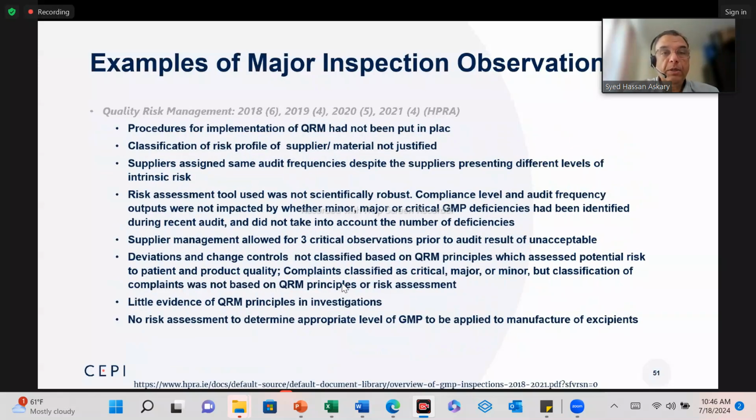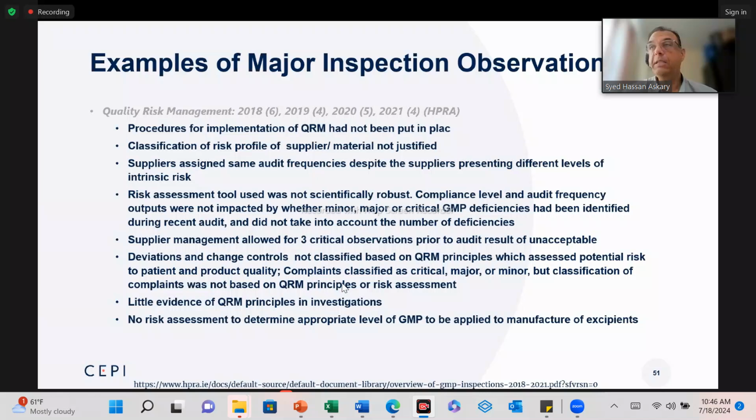Quality risk management observations. Some of the observations were that procedures for implementation of the QRM were not in place. Classification of risk profile was not justifiably assigned for the supplier material. Suppliers were assigned the same audit frequencies despite presenting different levels of intrinsic risk, of course. That's logical.